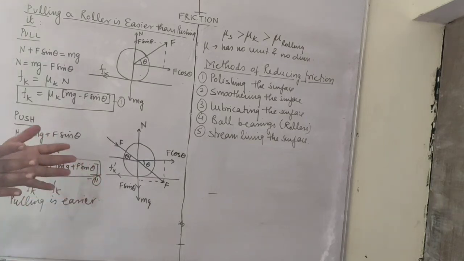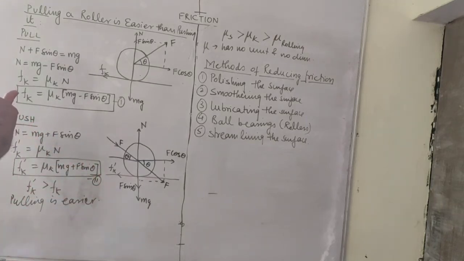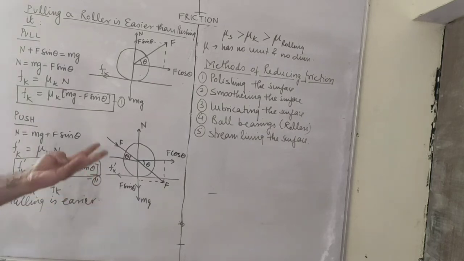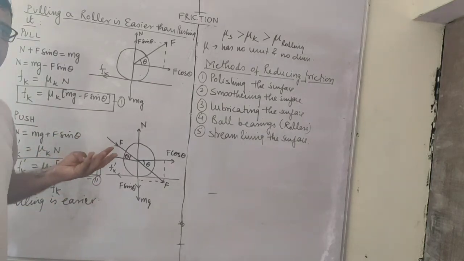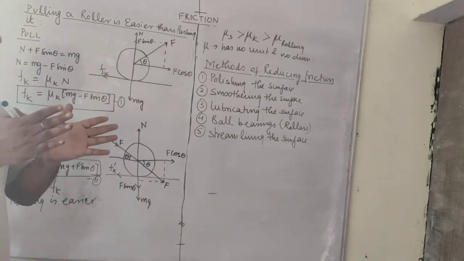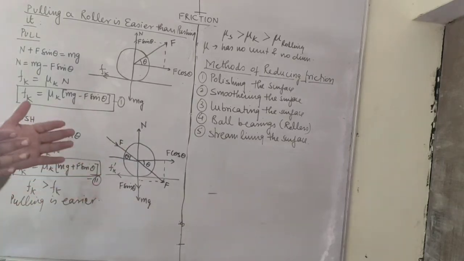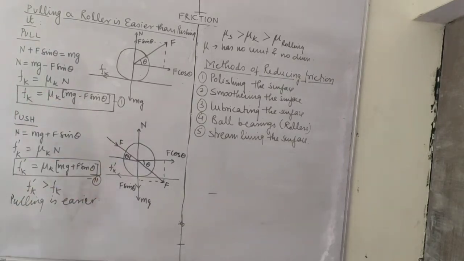Similarly, all the objects which move in a liquid or fluid, like rockets, birds, fishes, are streamlined. Streamlining means they have a front surface that is conical or pointed. So these are certain methods of reducing friction.